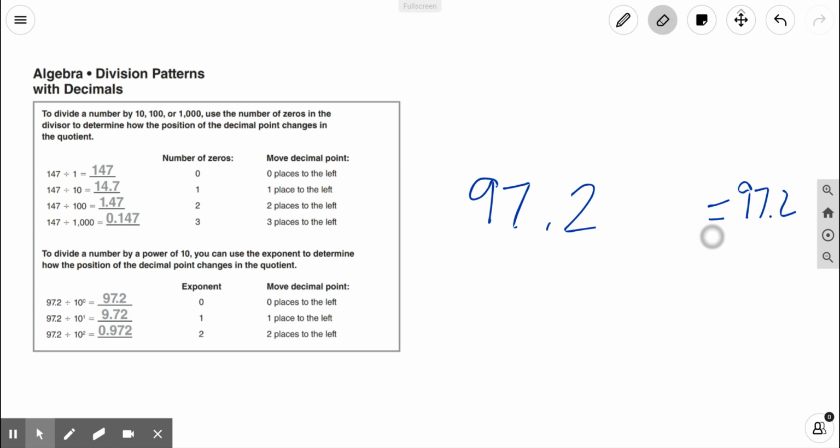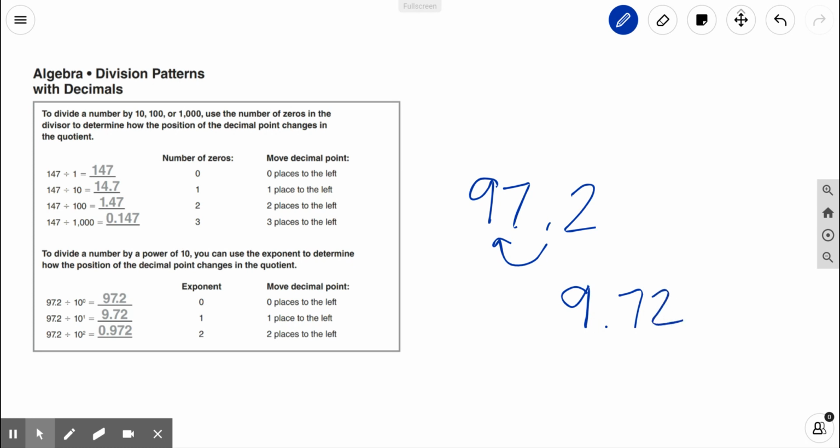But now, if I divide it by 10 to the first power, or 10 with an exponent of 1, there's 1 in the exponent. So that decimal is going to move 1 place to the left. And my new number would be 9 and 72/100. Okay? Now, if I was going to divide 97 and 2/10 by 10 to the second power, or 10 with an exponent of 2, that 2 there tells me that the decimal is going to move 2 places.